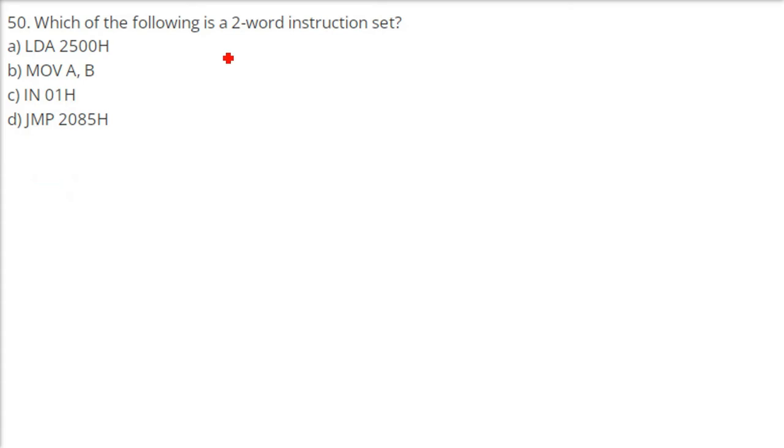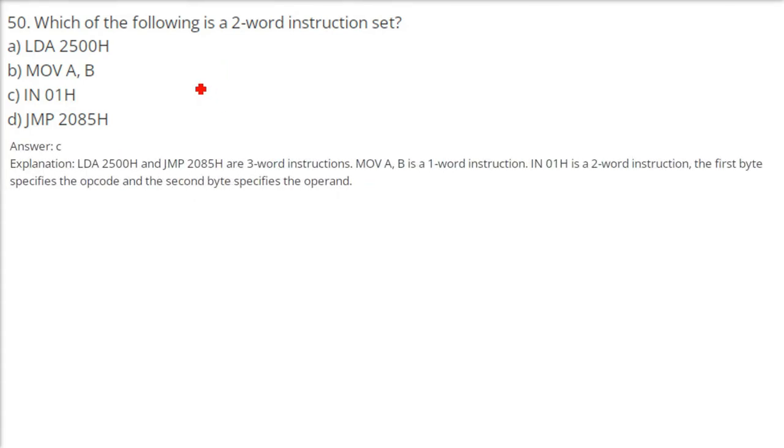Which of the following is a two-word instruction? Answer is C. The first one, LDA 2500H, and JMP 2085, because the direct address is given, are three-word instructions. All the memory address is given. That is why it is a three-word instruction.